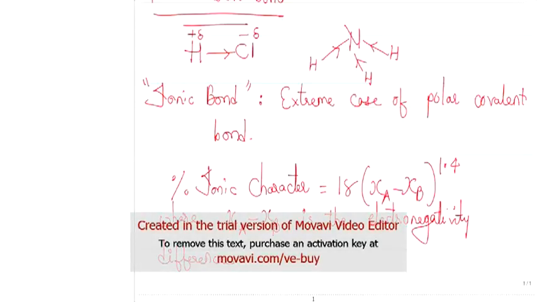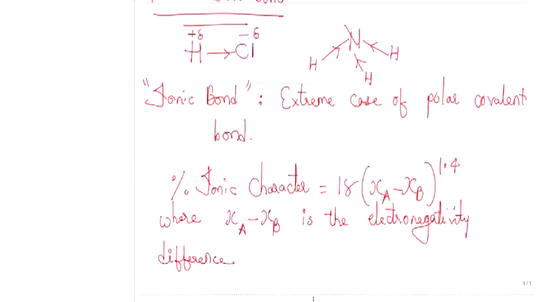So Xa minus Xb is the electronegativity difference between the two atoms sharing this polar covalent bond. So this is one equation which can be used for knowing the percentage ionic character of any polar covalent bond.